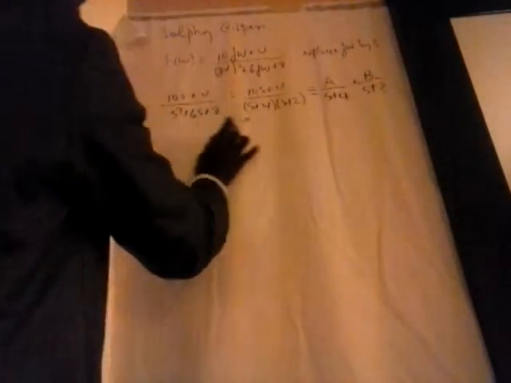We solve the equations and get A equal to 18 and B equal to minus 8.